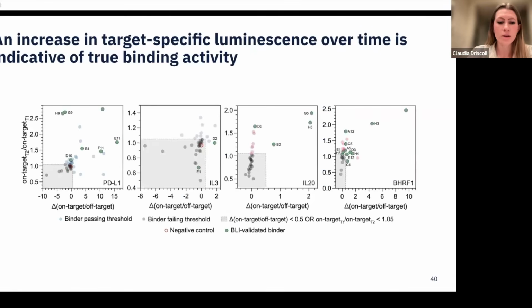We empirically determined this filter for the binders based on, as I mentioned before, an increase in on-target luciferase between the 2 time points that we measured versus off-target. That just means if your luminescence has increased when you add your target bound to SmBiT, but it doesn't increase when you add your off-target protein bound to SmBiT, then we take that to mean it's a true lead.